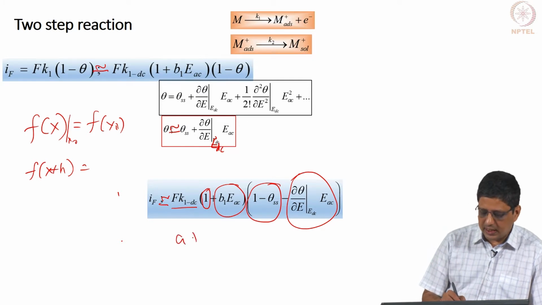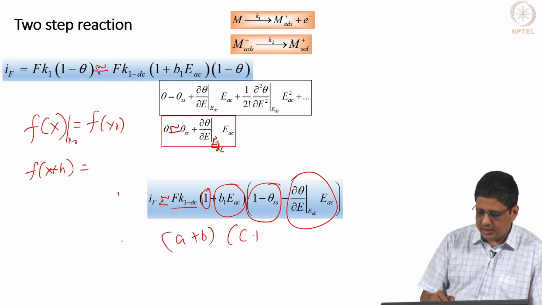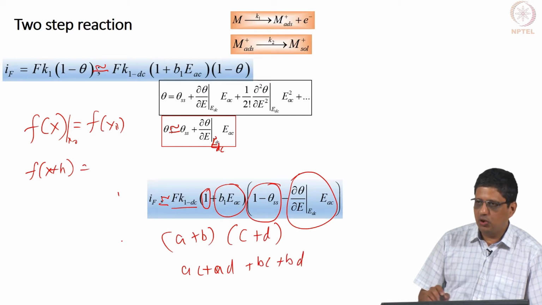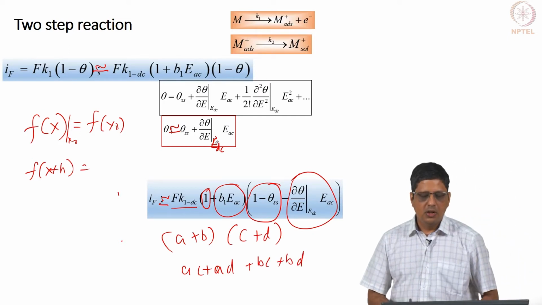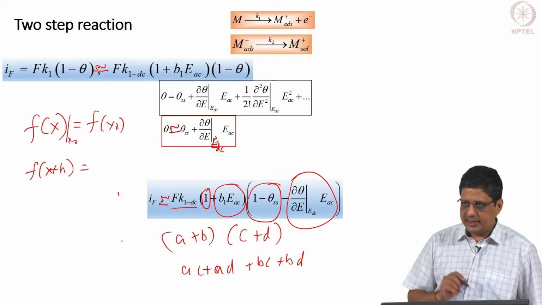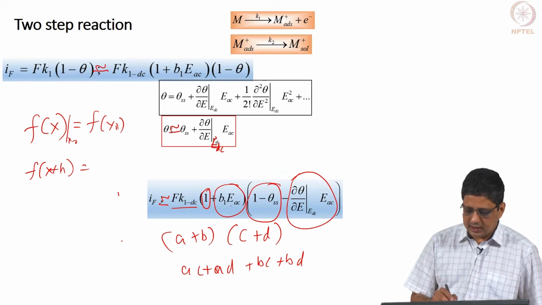You have something like (a plus b) multiplied by (c plus d). You are going to get AC, AD, BC plus BD, correct. 4 terms are going to come out of this. One is a constant, 1 minus theta is a constant. This depends on EAC, this depends on EAC.